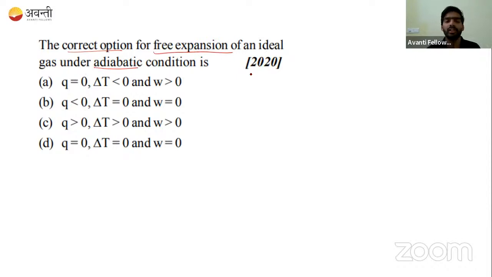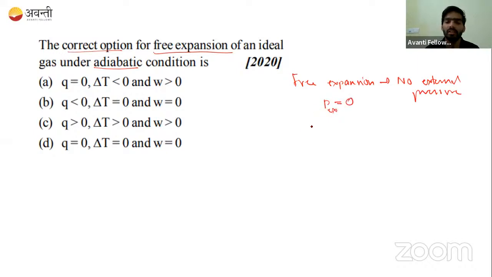Under adiabatic condition. Whenever we use the word free expansion, what does free expansion mean? Free expansion is nothing but no external pressure, right? If there is no external pressure, then external pressure will be zero.